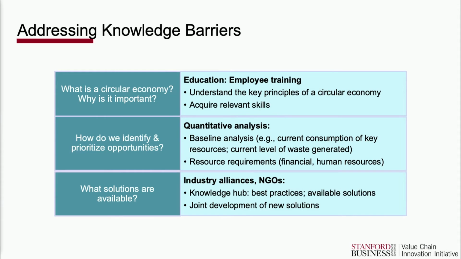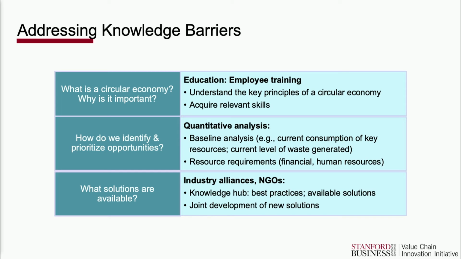Quantitative analysis can be helpful in identifying those opportunities that are likely to provide the most meaningful results, but still be feasible in terms of the time and money and other resources that you need to put into them.